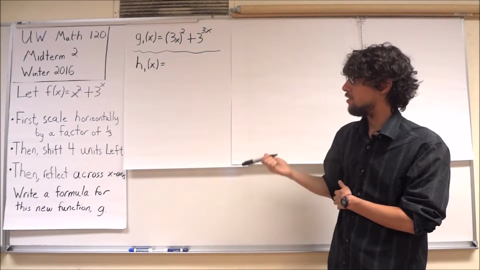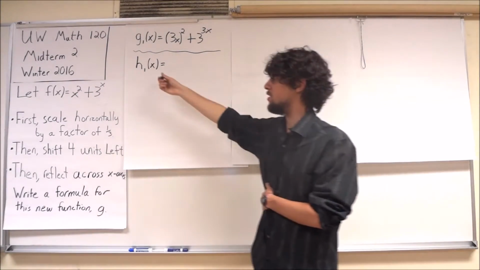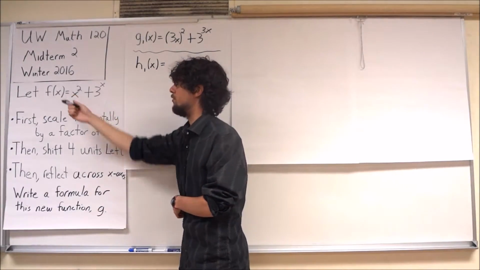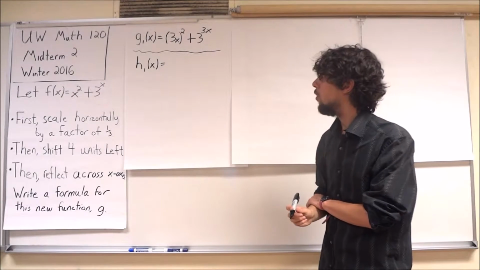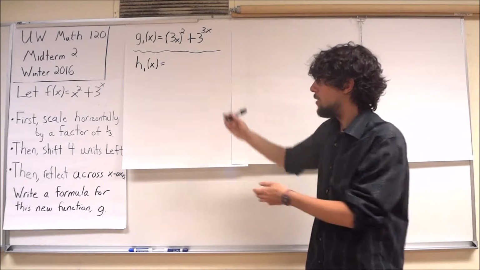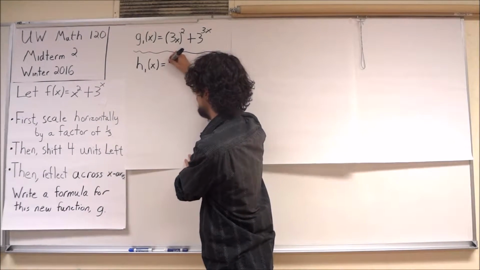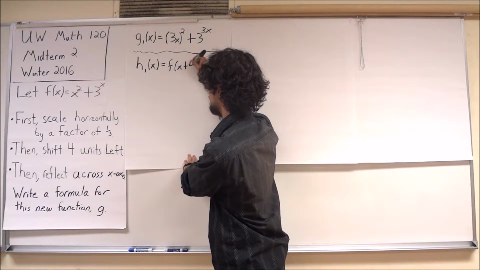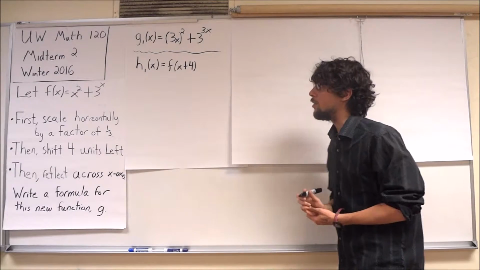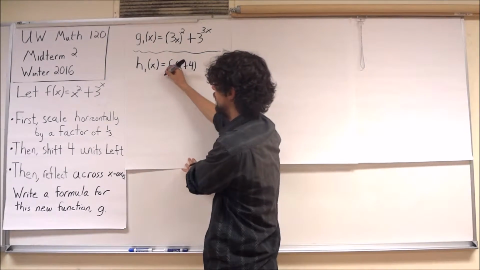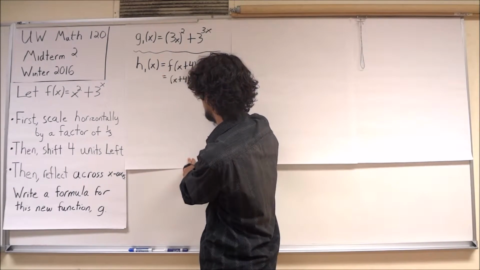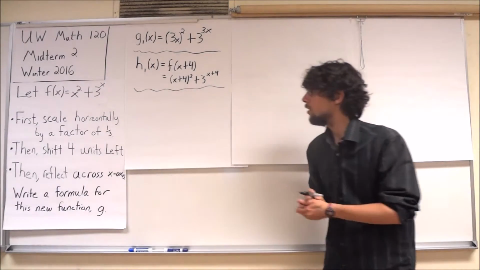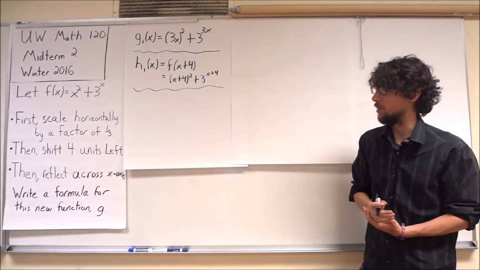And if I feed -4 into this function, it's as if I fed 0 into this function. So how can I do this? Well, in particular, I can just write my new function as f of x plus 4. In other words, I can write my new function as h of x is x plus 4 squared plus 3 to the x plus 4.